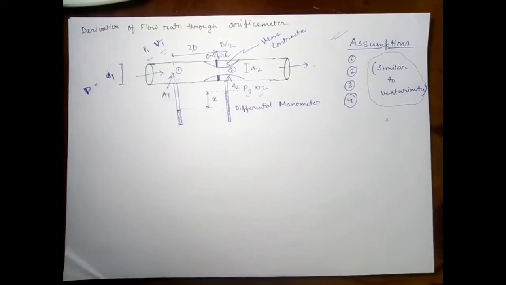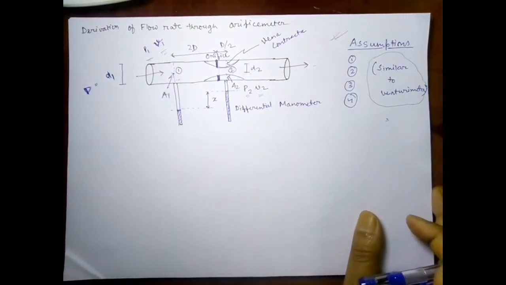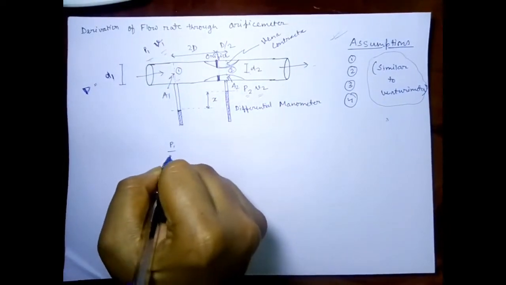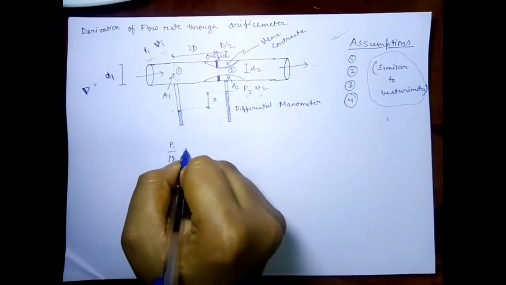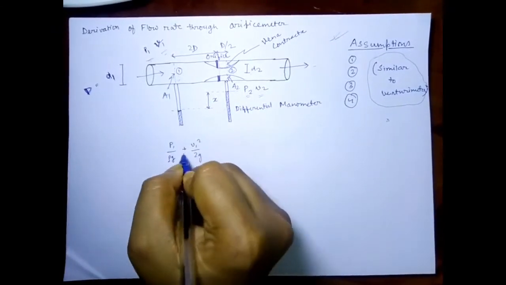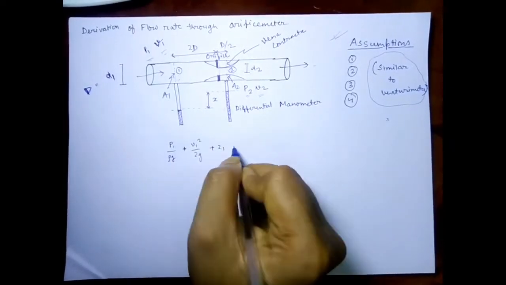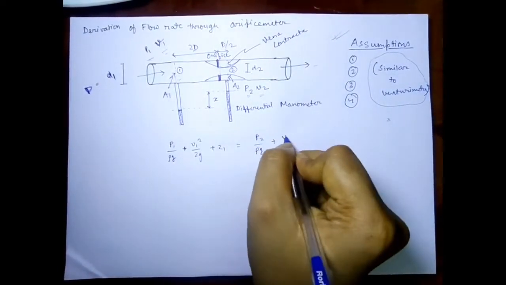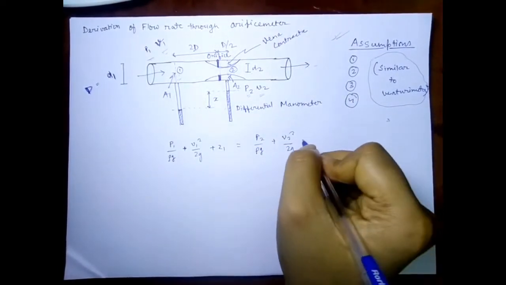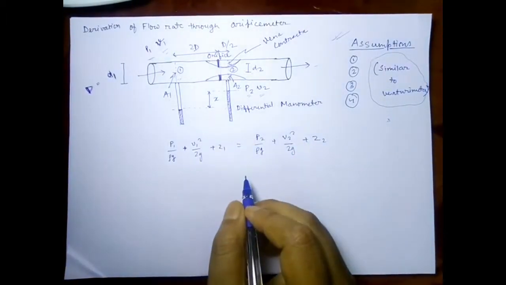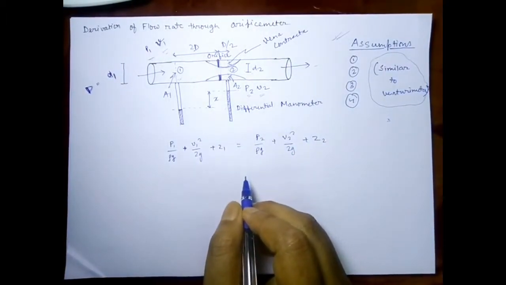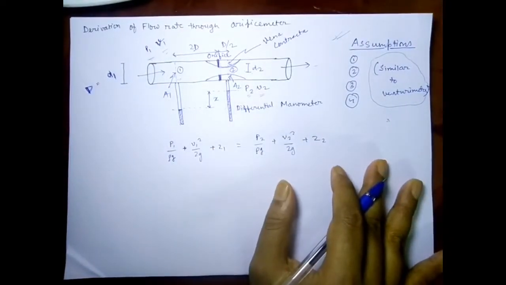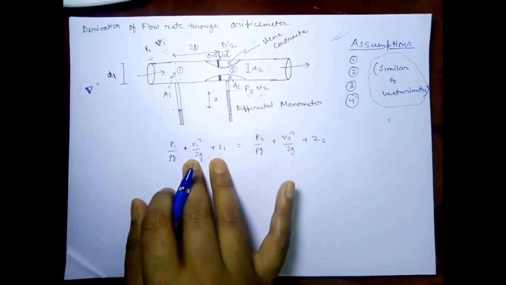Now let us apply Bernoulli's equation for section 1 and 2. It will look like P1 upon rho g plus V1 square upon 2g plus Z1 will be equal to P2 upon rho g plus V2 square upon 2g plus Z2. So let's take the velocity terms on one side and keep the pressure and the elevation terms on the other side.